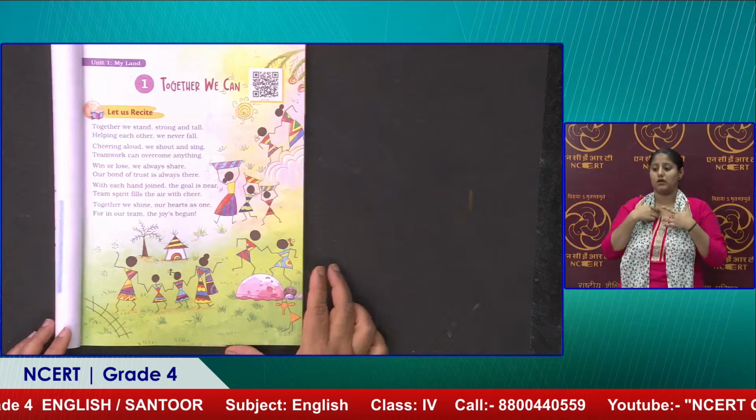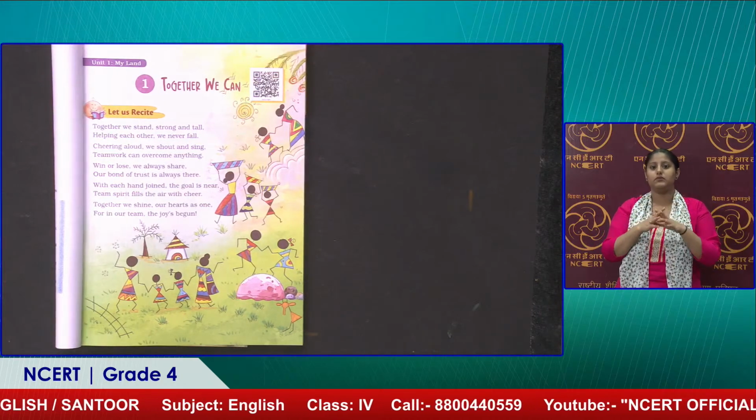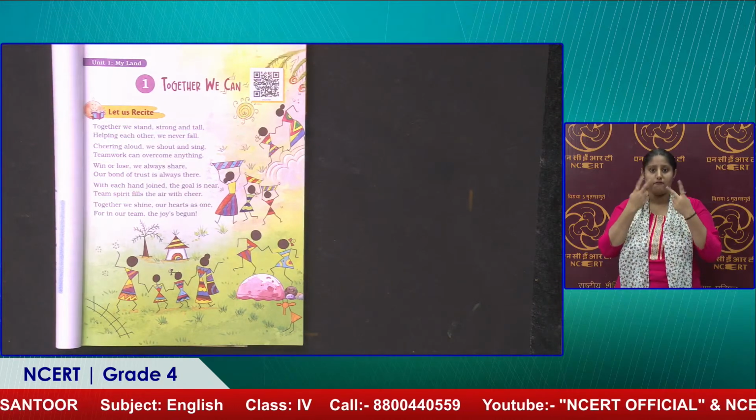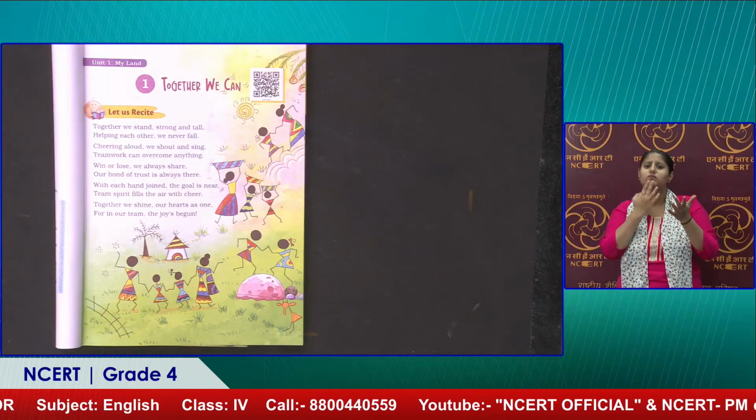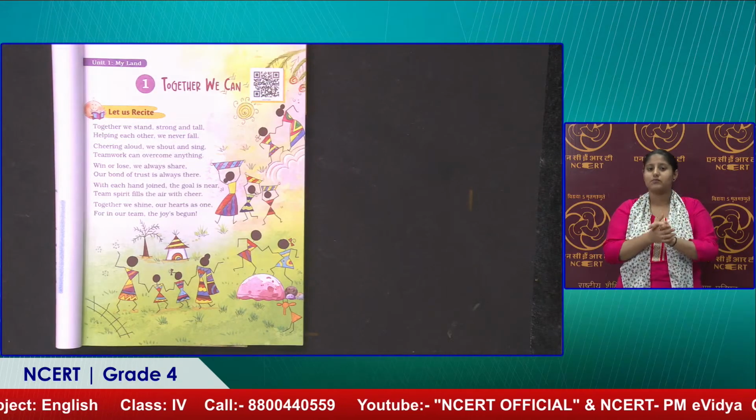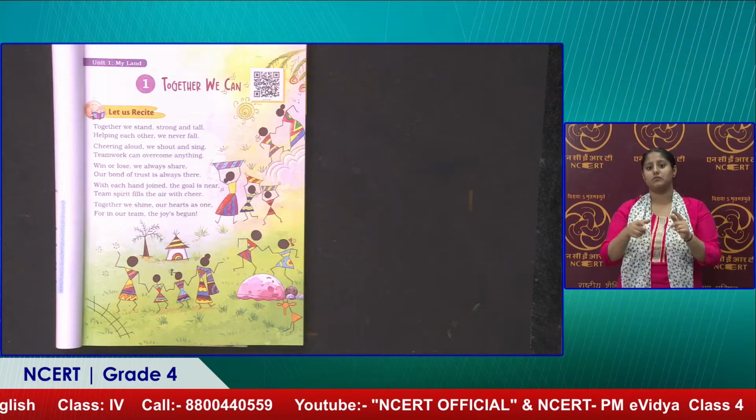If you see the very first poem, Together We Can, which I noticed that you were looking at twice or thrice, you can see the colorful nature of the illustrations that go well with the poem.